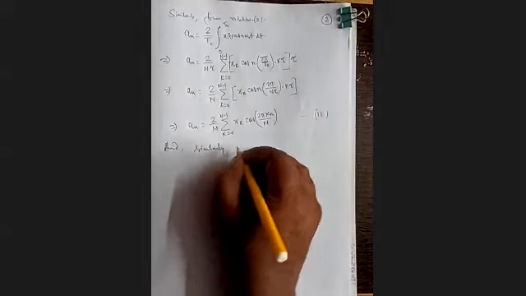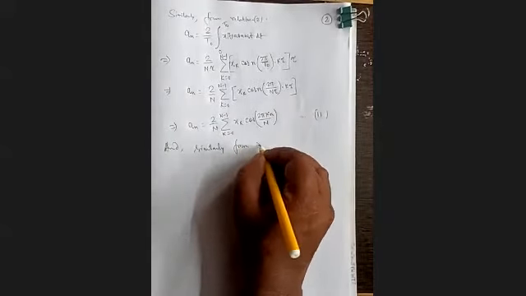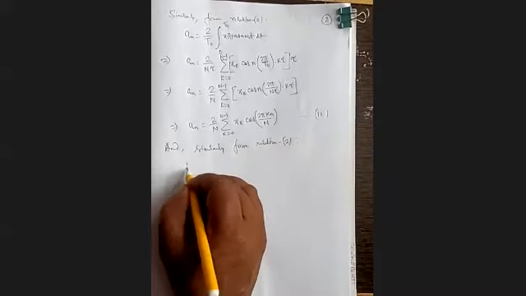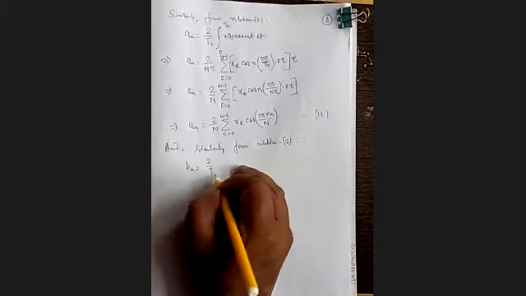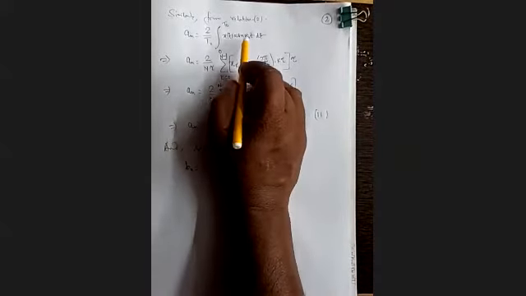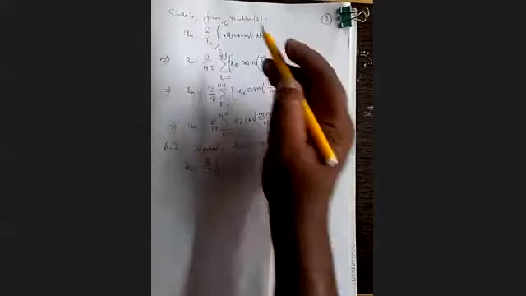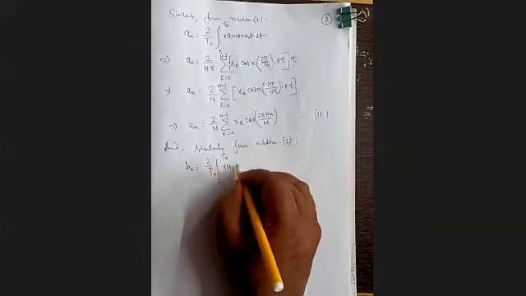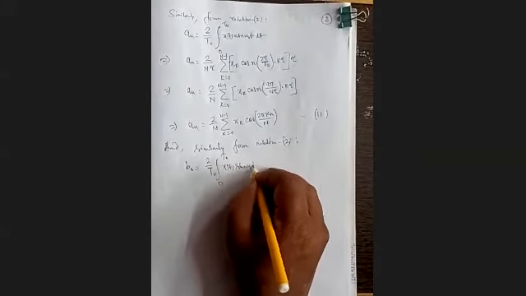And similarly, from relation 2, I don't want to go through all the steps. Just some salient steps will be mentioned here. Here, just cosine is replaced by sine to calculate bn. You already know, x(t) sine n omega 0 t dt.